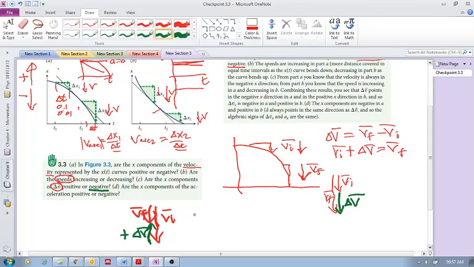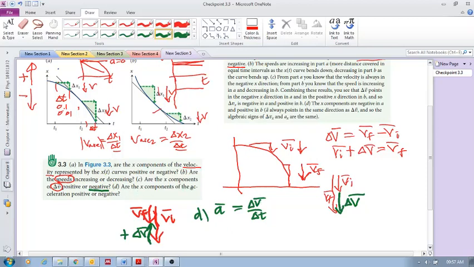Now D is related to this question. Are the x components of the acceleration positive or negative? So remember, acceleration is delta v over delta t. So because we're looking at vectors, my acceleration vector is always in the same direction as my delta v vector.